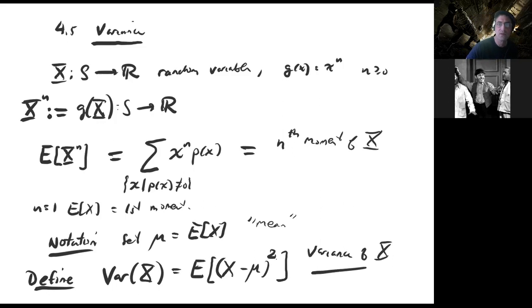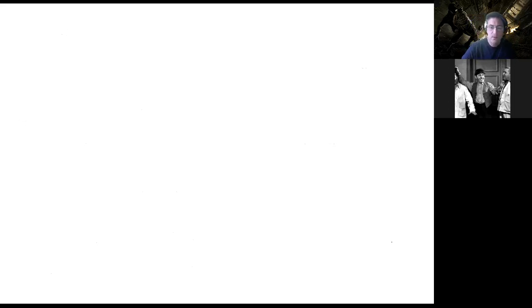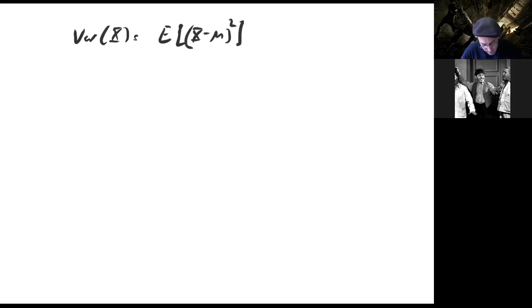Okay, so let's derive some properties of the variance. And to do that, I have to clear the screen. Okay, it's very useful to have another formula for the variance. So the formula we gave was the expected value of X minus the mean squared.